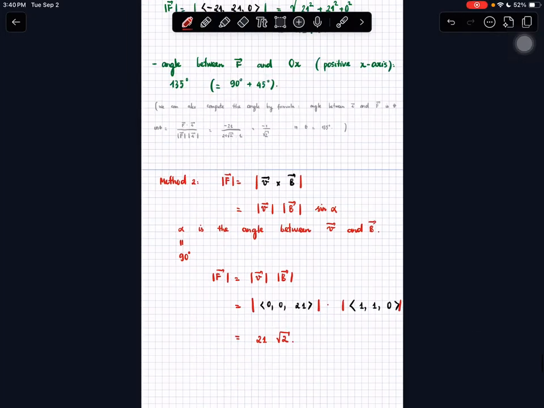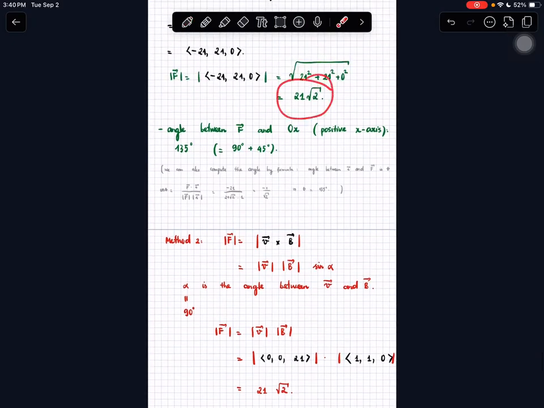Either way, you obtain that the magnitude of F is 21 square root of 2. The angle between F and OX, the positive x-axis, is 135 degrees, as we have done before.